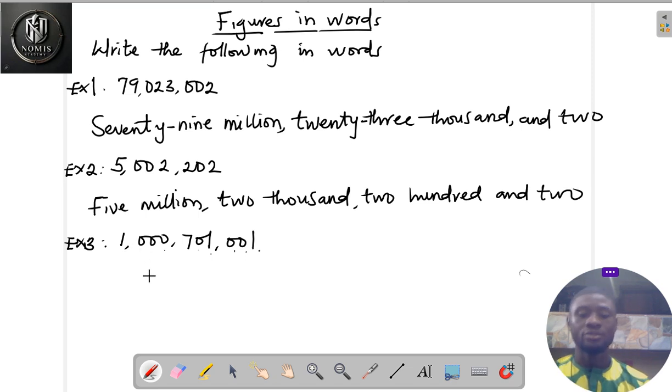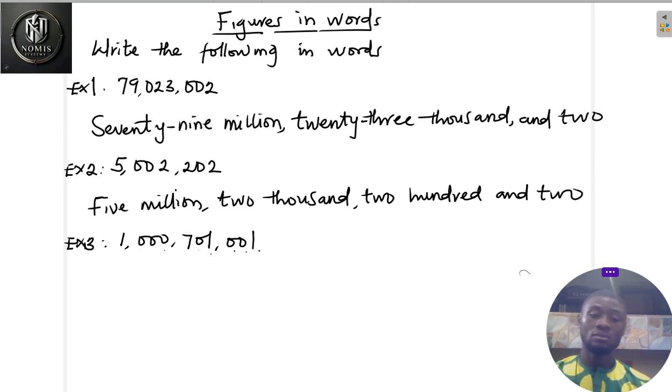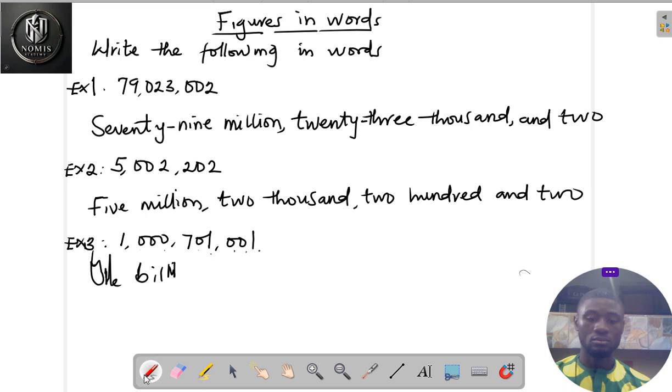So if I want to write this now in words, I'll begin from the left hand side by saying 1 billion. All the 0 does not count, even though they have their place value here.